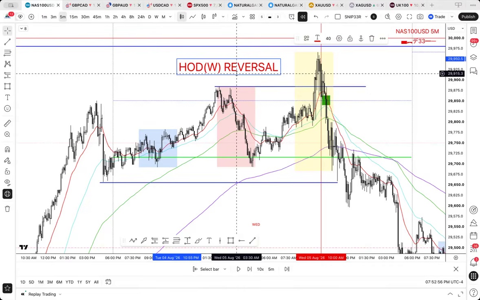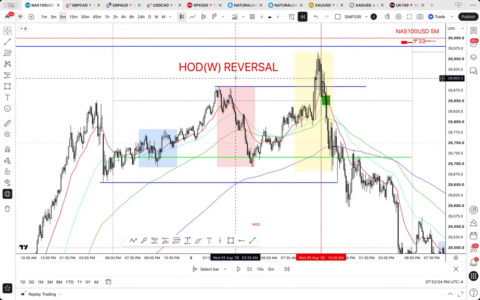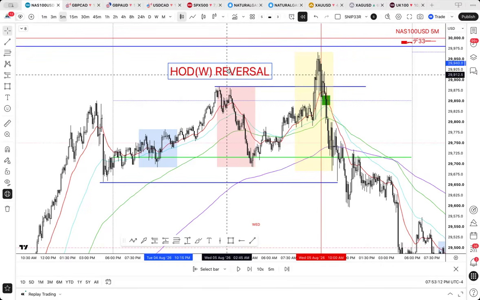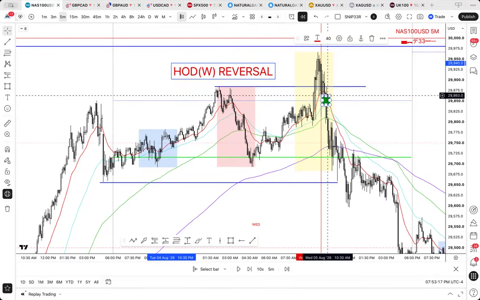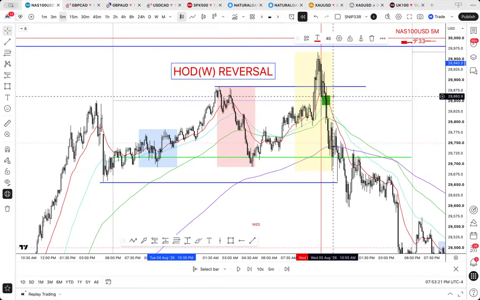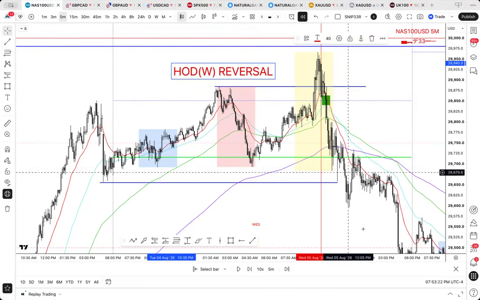These high of week reversals can be at the high of the week. That can go over a lot of people's heads if they're not paying attention, if they're not understanding that I am sitting and waiting at the high of the week. And when my setup appears and my entry criteria is fulfilled, I execute with absolutely no fear.